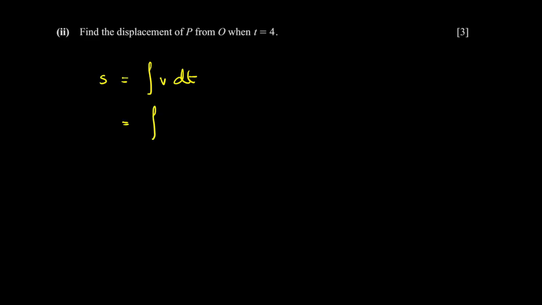My formula for velocity, we've just said, is a third t cubed minus 2t minus 10 upon 3 dt. So if I integrate that, I get 1 upon 12 t to the 4, add 1 to the power, which is 4, divided by the new power, minus t squared, and minus 10 upon 3t, plus some other constant, I'll call the constant k.